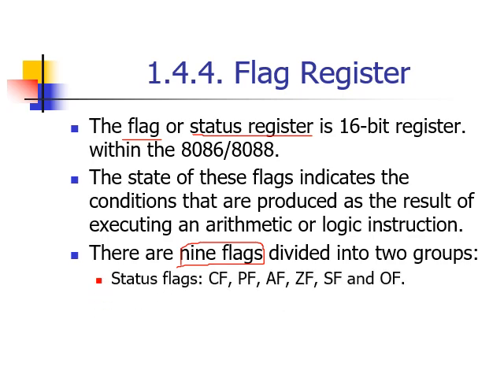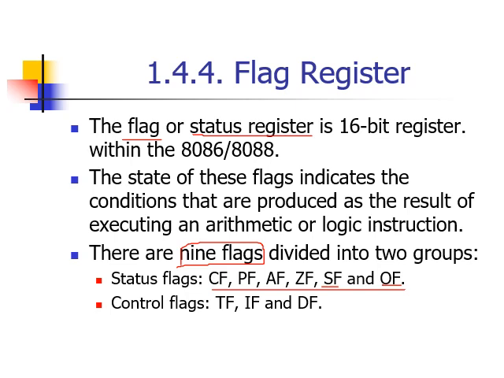They are divided into two groups. A group of 6 bits, named CF for carry flag, PF for parity flag, AF for auxiliary flag, zero flag, sign flag, and O for overflow flag.